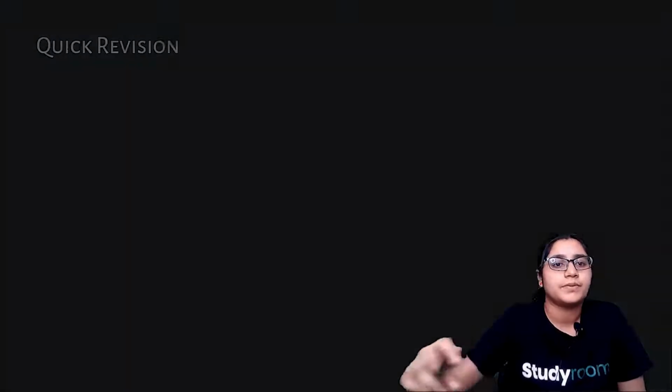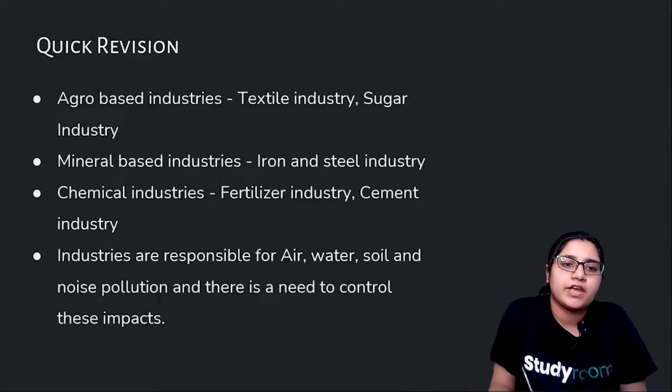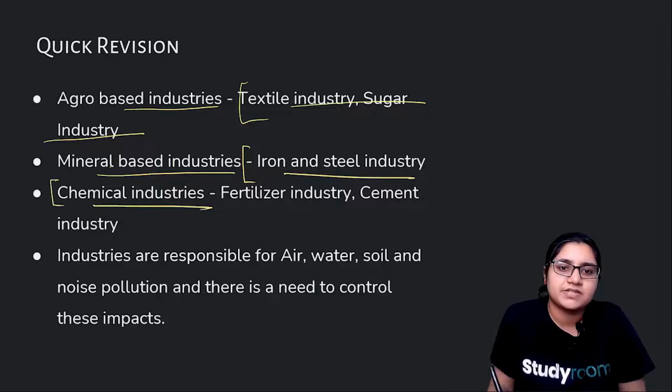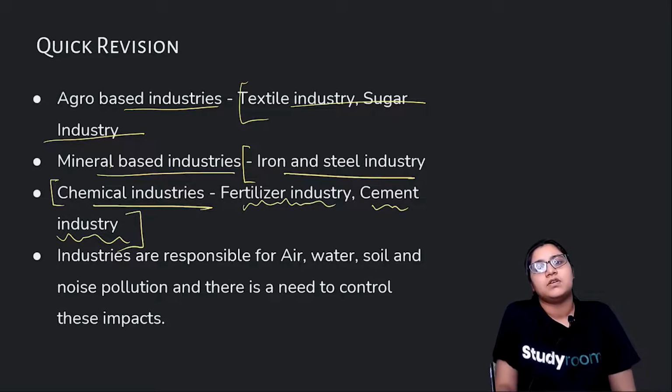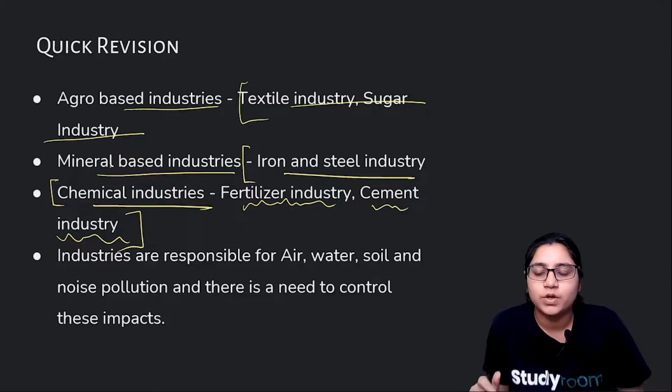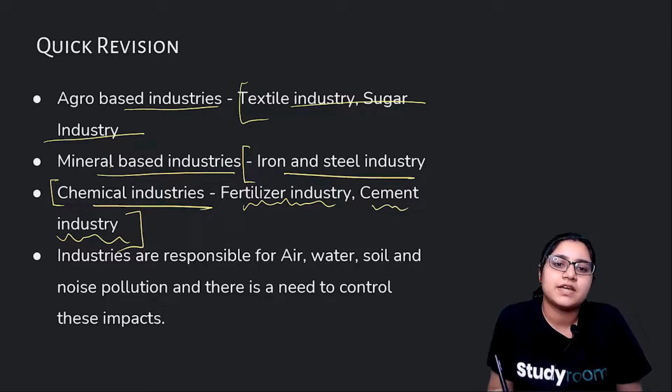Then we have agro-based industries, that are textile industries, sugar industries. We have also discussed mineral-based industries, including iron and steel industries. Chemical industries, we have discussed the fertilizer industry in detail, and the cement industry in detail. The basic cement industry has a raw material known as limestone. Industries are responsible for air, water, soil and noise pollution, and there is a need to control these impacts.